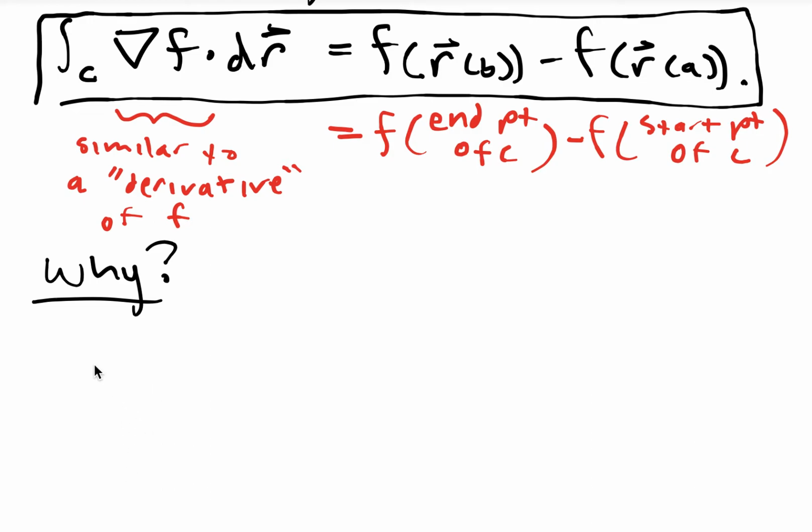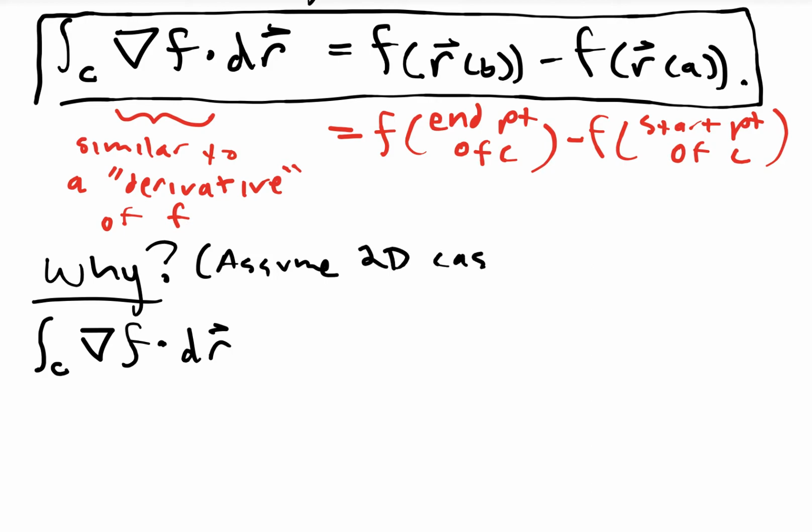Well, let's think about this. If I actually go to evaluate this, I'll go ahead and make the assumption that I'm working with, let's say, a 2-variable function here. So I'll assume my 2D case.